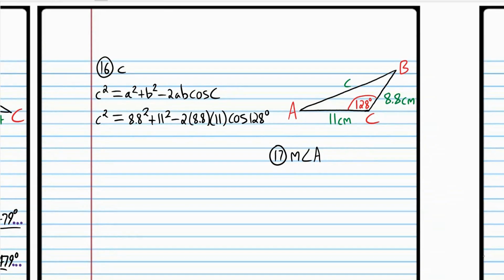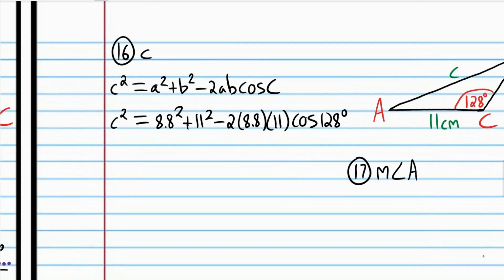So now all we have to do is use our calculator to simplify all that and make sure that you follow the order of operations properly. A lot of students have trouble with the order of operations here. 8.8 squared is 77.44. And 11 squared is 121.